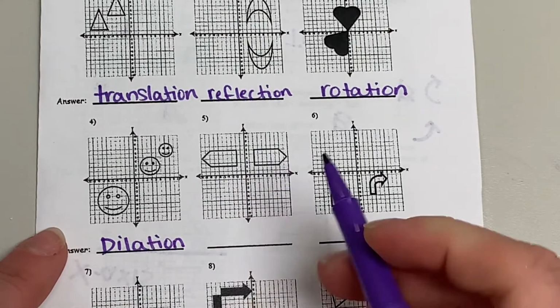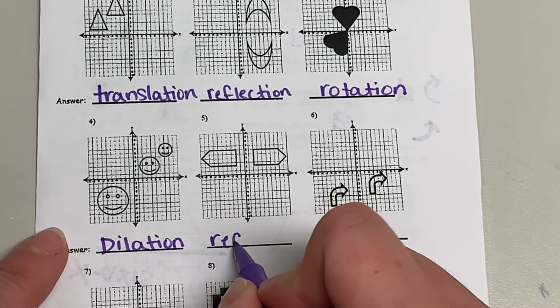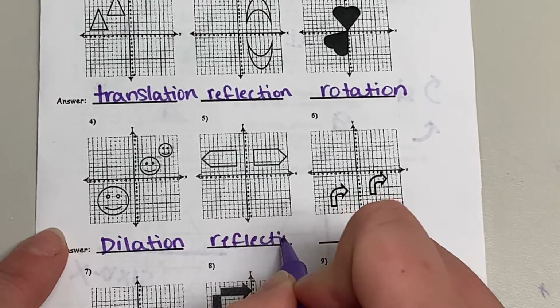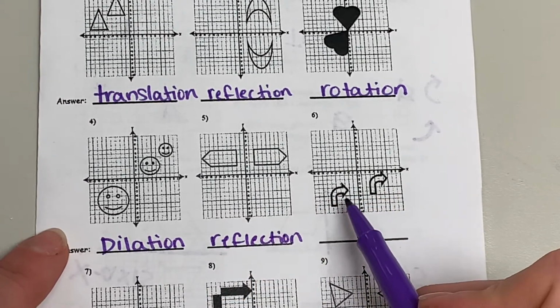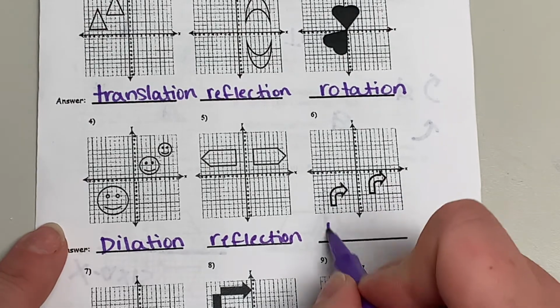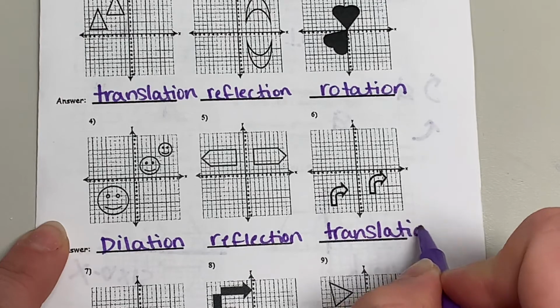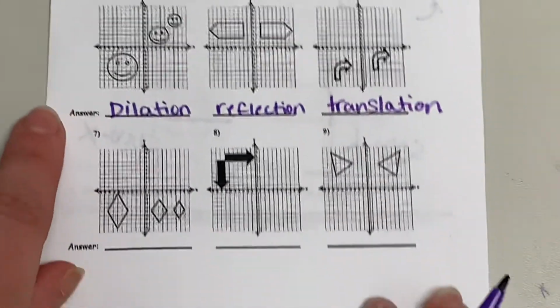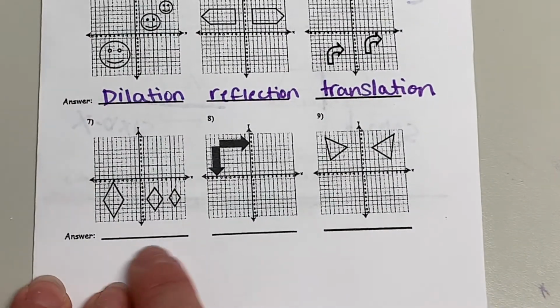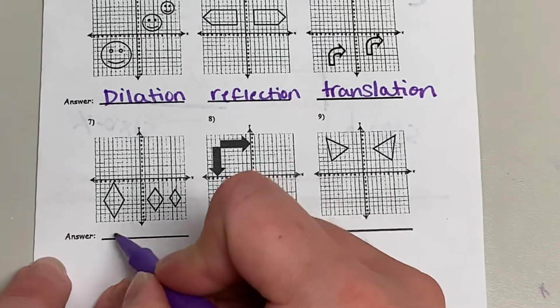This is a reflection. This arrow slid over there, so that's a translation. These diamonds, dilation.